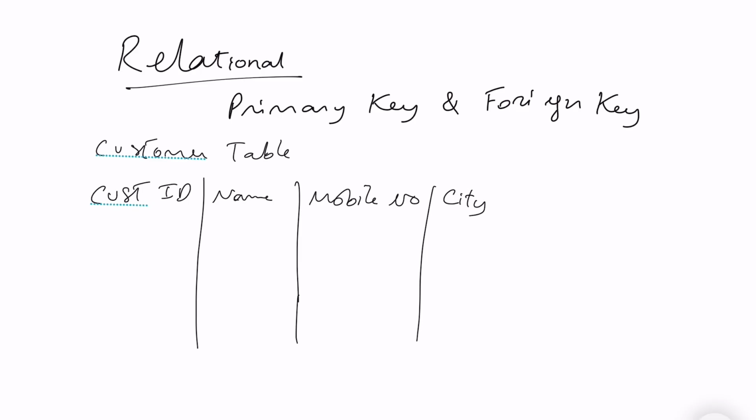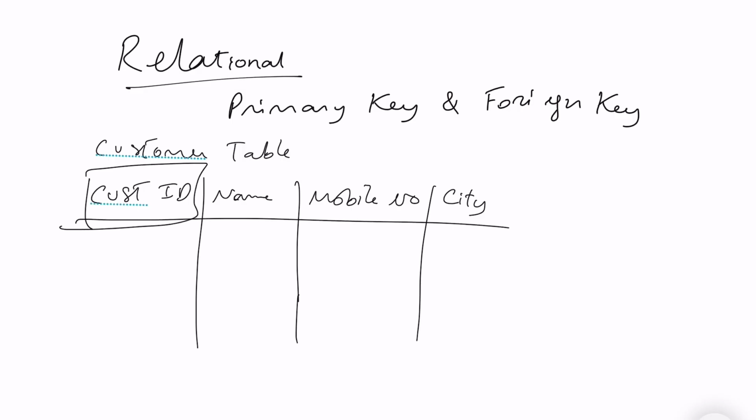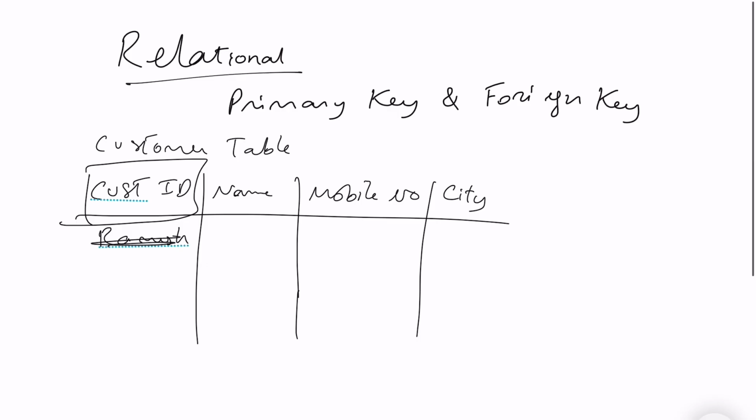Customer ID in this case will become the primary key. Primary key is nothing but a unique ID for that particular table. For every customer there will be an ID assigned, which will be used for identifying that customer in a unique manner. So for example, you may have, oh sorry, I'm writing the wrong thing over here.